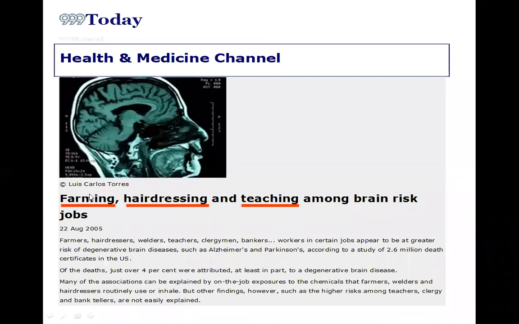And then I like this study: farming, hairdressing, and teaching are among brain risk jobs, okay? So this was a study that looked at degenerative brain disease and occupation. So talk about association versus causation, right? I can see if you teach and you have a lot of stress as a result of teaching, is there an increase in brain disease?